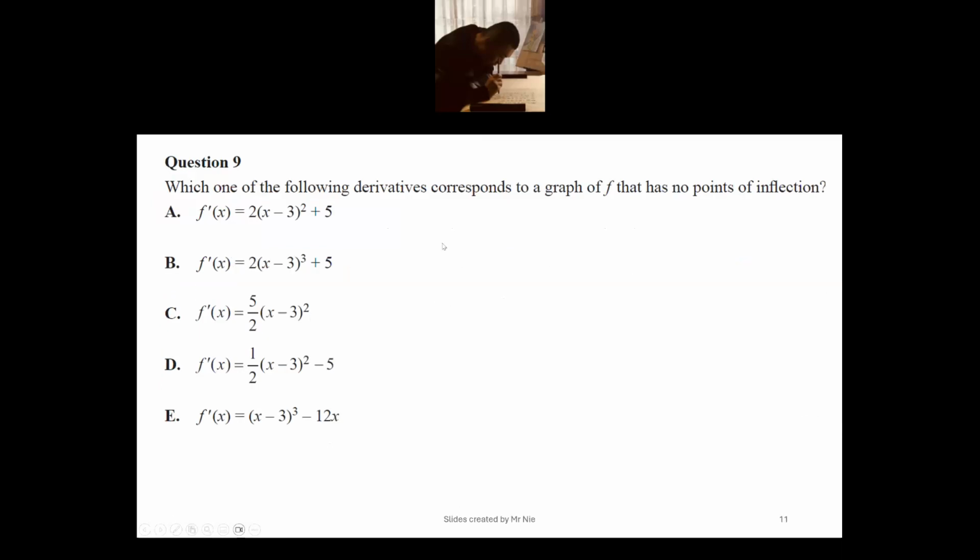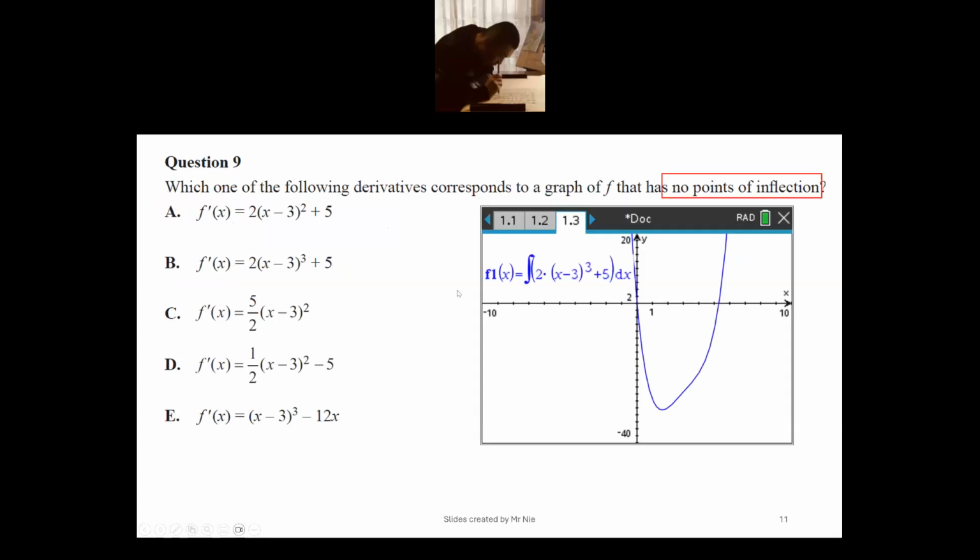Question 9 wants us to find one derivative that generates a graph having no point of inflection. So my approach is to sketch each antiderivative. Notice that each antiderivative should have a plus c behind, but that's a vertical translation, so it doesn't influence the shape of the graph.